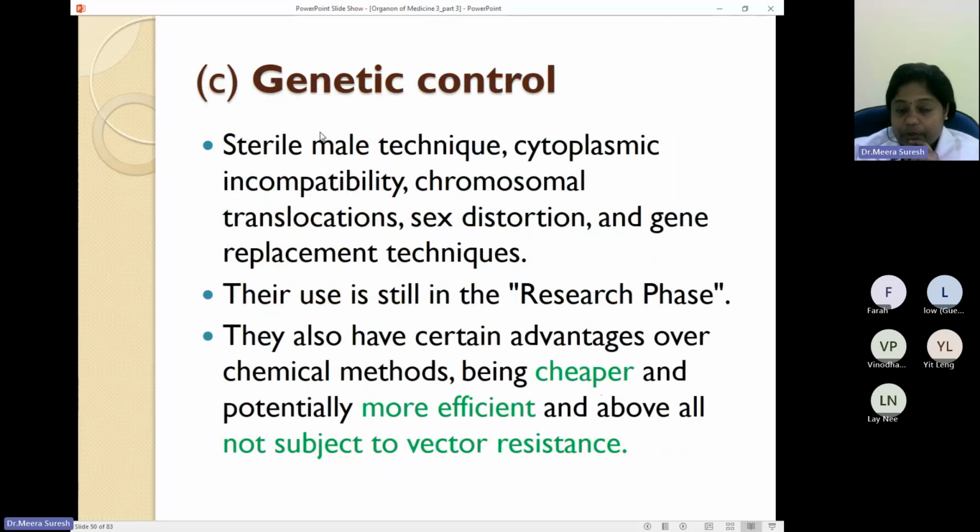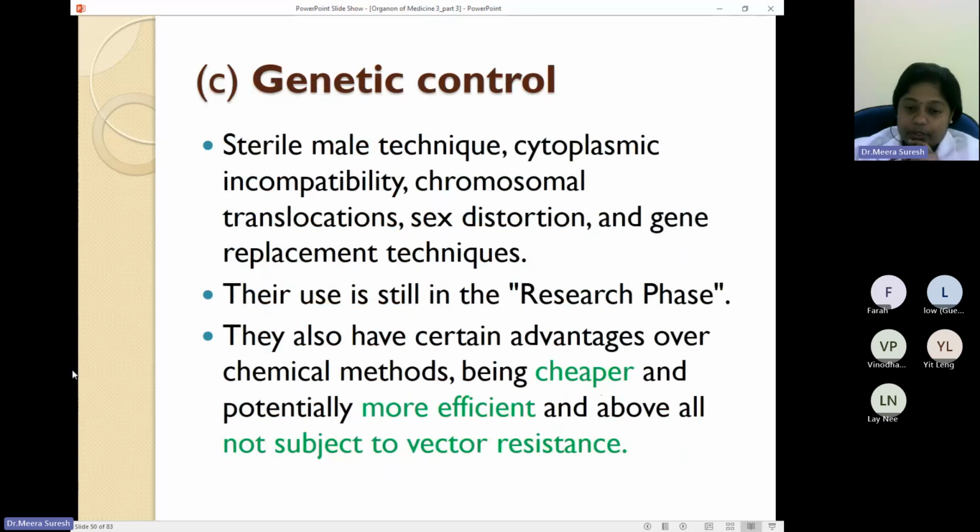Now the genetic control, we saw the different methods: the sterile male technique, cytoplasmic incompatibility, chromosomal translocation, gene replacement, sex distortion, etc. But everything is in the research phase. They have advantages of being cheaper and more efficient, but only if we are able to produce it widely, not in the research phase.